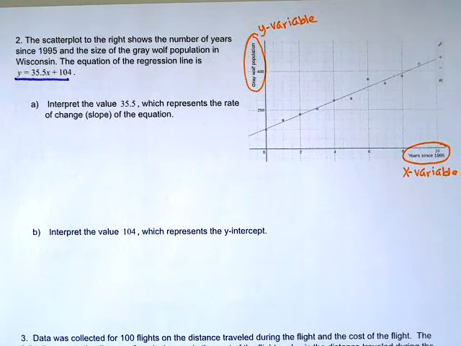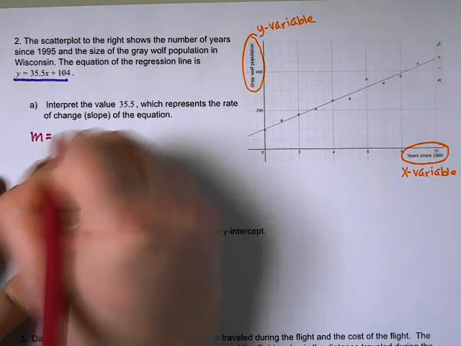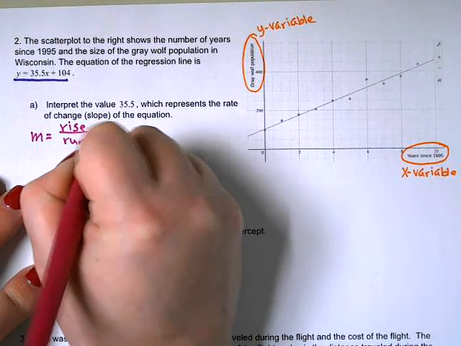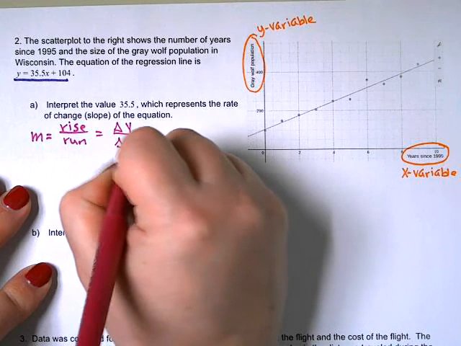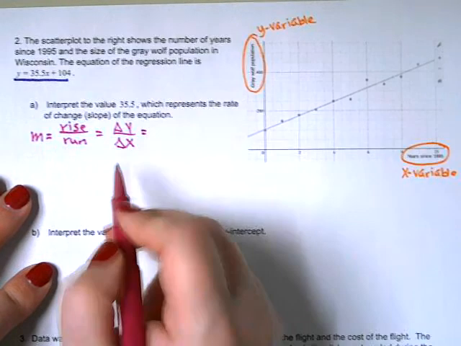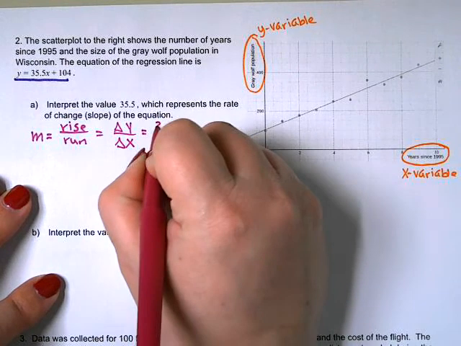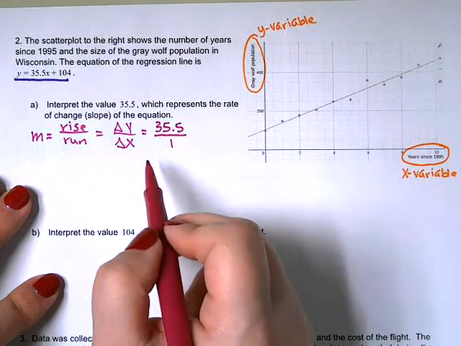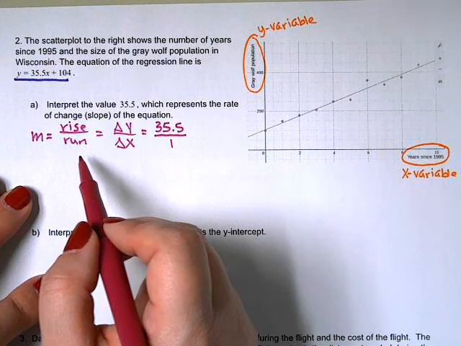So we need to take this equation now, and we're going to interpret what these values are. So we said that this first value here is our slope. So we know that slope is equal to the rise over the run. Or in other words, our change in y over our change in x. So our slope that we were given is 35.5. So I'm going to take that and make it 35.5 over 1, because I want to make it into a fraction, since that's what we're talking about with rise over run.